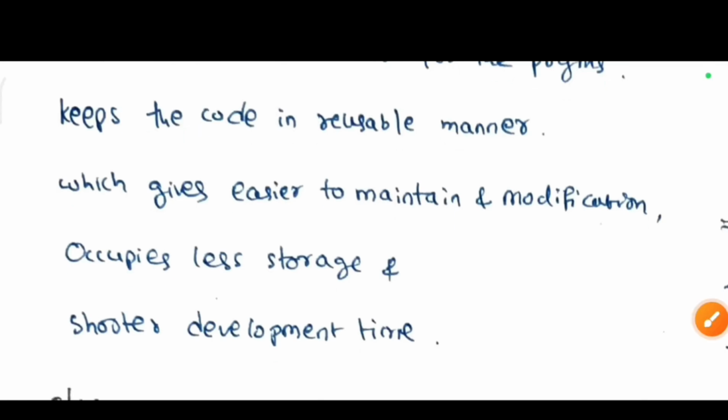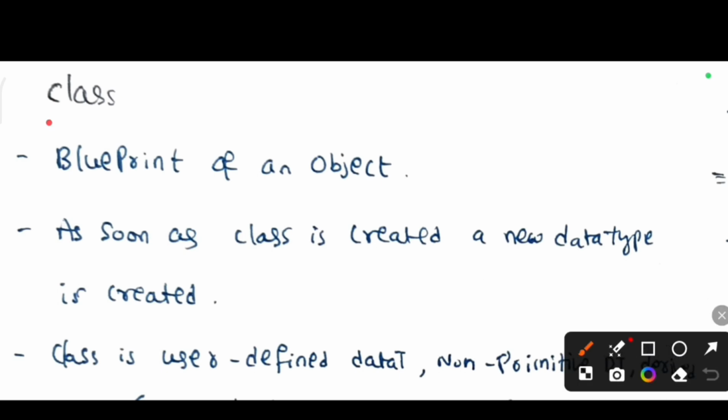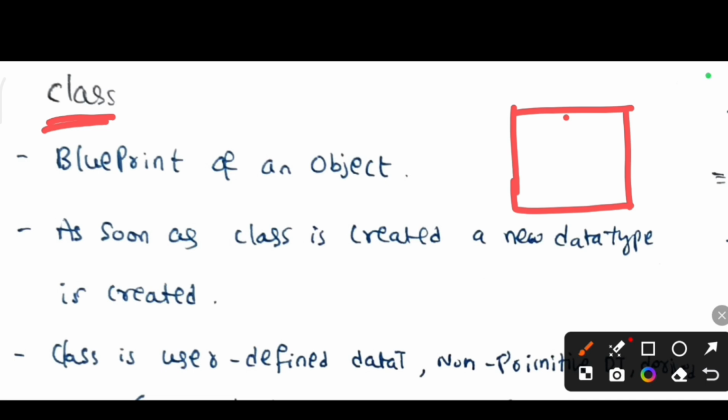Now, what is a class and what is an object? Before going to see this, I will give one general example. If you are going to construct a house, before constructing it you will take the blueprint, right?